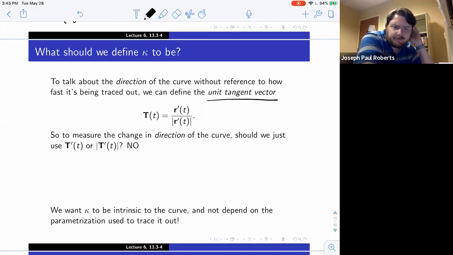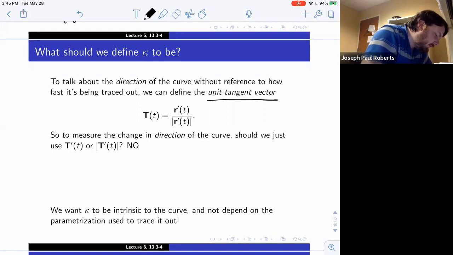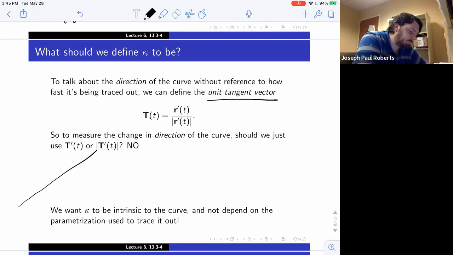So, to measure the change in direction, should we use T prime of t or the length of T prime of t? The answer is not quite. It does take care of our straight line question. Let's do the same thing we had a second ago, where this was t equals 0, this is t equals 1, but then it speeds up, and so t equals 2 is there.